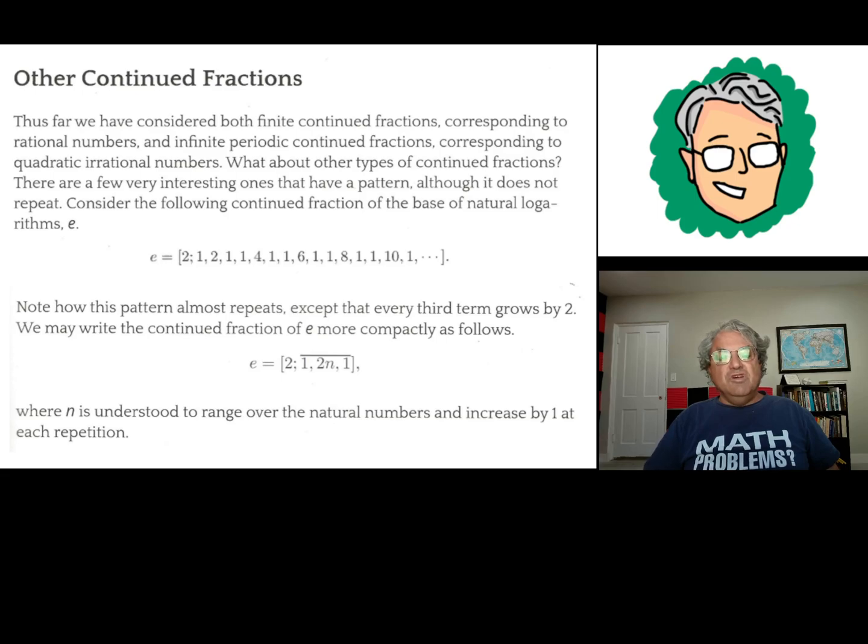Like I said, a lot of numbers have really interesting continued fractions. I think a prime example is the number e. I talked about e a few times earlier. This is something I don't really go into in detail until volume 2, chapter 11, where I start talking about exponential numbers and logarithms. And e used to be called the base of natural logarithms.